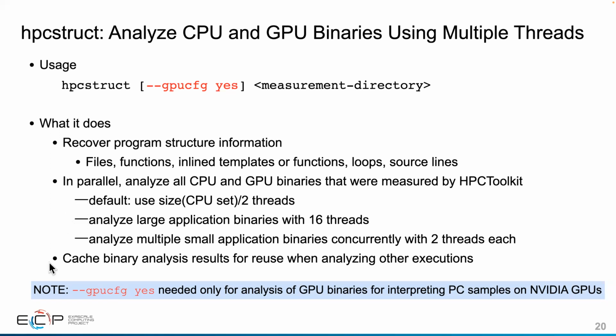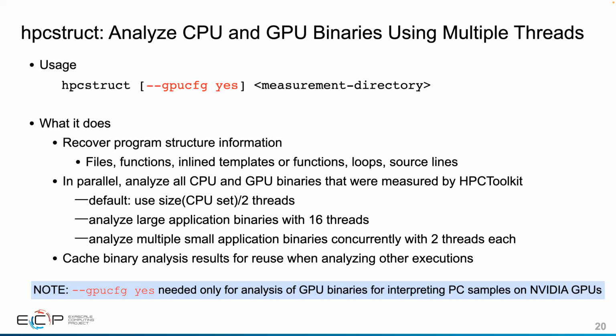And finally, to avoid spending too much time analyzing these binaries, we cache binary analysis results for reuse in other executions. So when you're using a platform, your application's libc is not changing. The MPI library you're using is probably constant for most of your work.